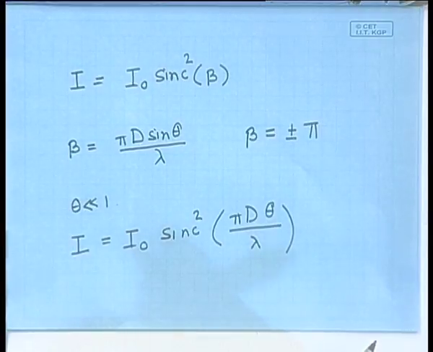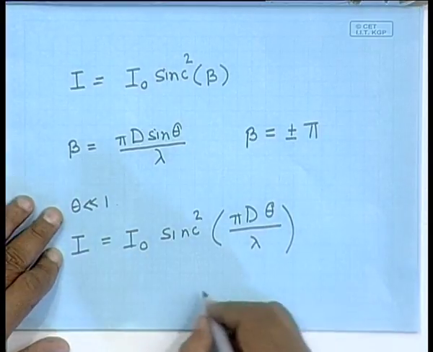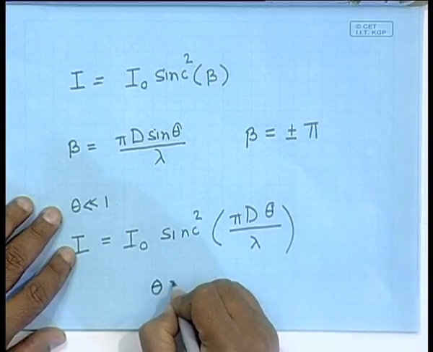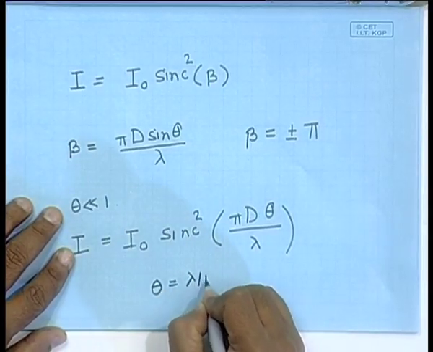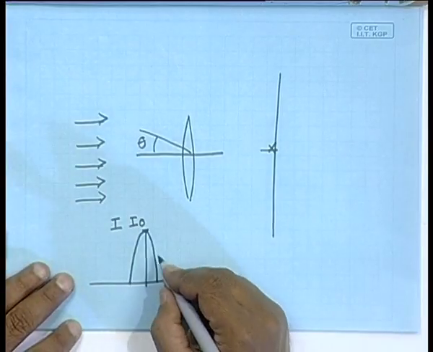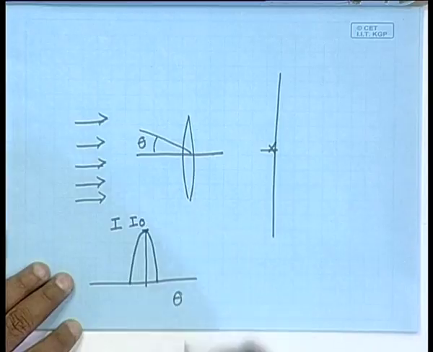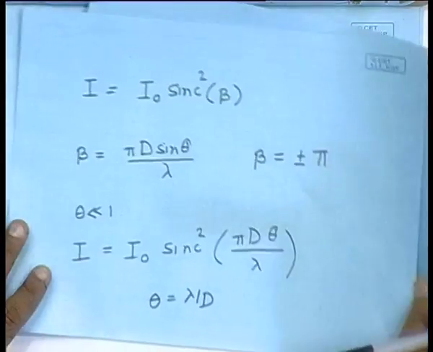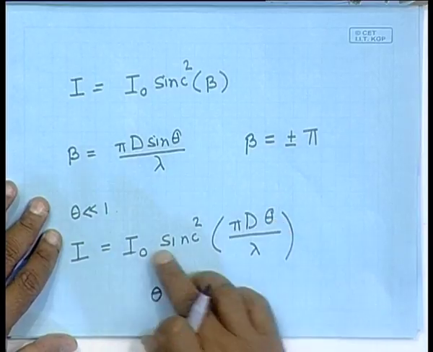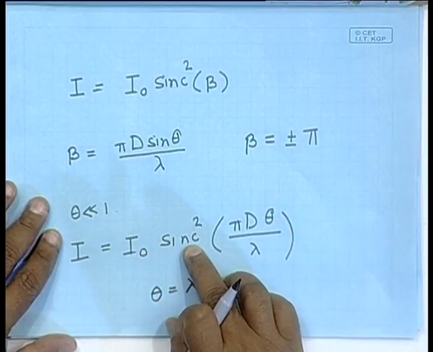So, sinc pi is also 0, or in this case it goes to 0 when theta is equal to lambda by d. Then further away, as you increase theta, the value of the sinc function again rises.